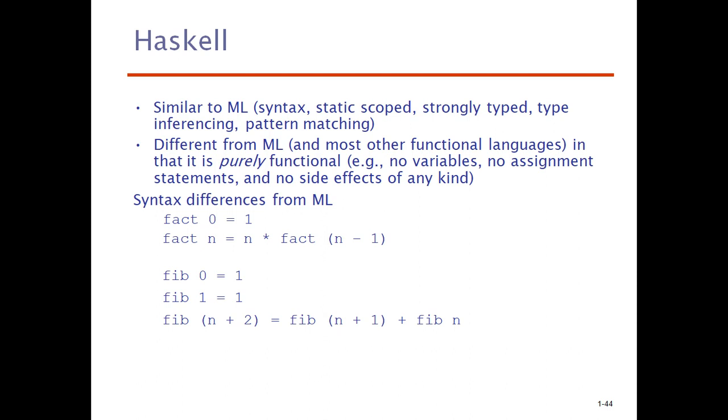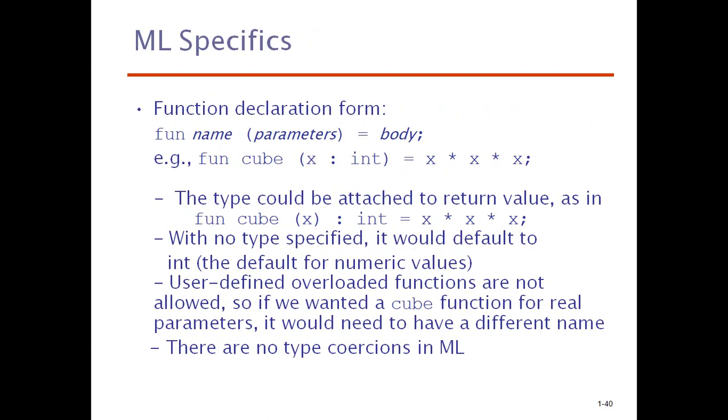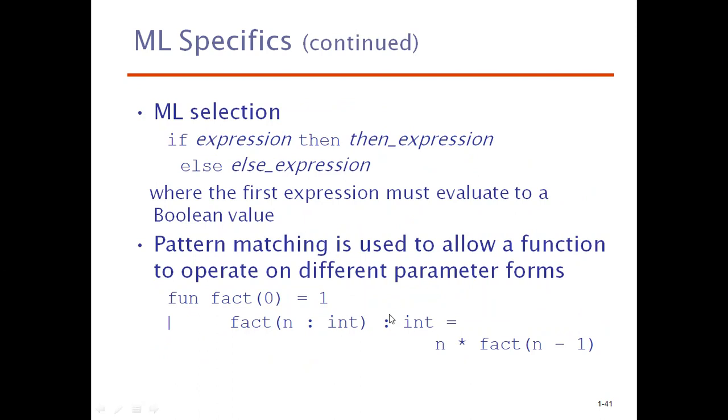Syntax differences from ML: fact 0 = 1, fact n = n * fact (n - 1). Previously in ML we were supposed to write fun fact of 0 = 1, and for fact of n a data type must be provided.